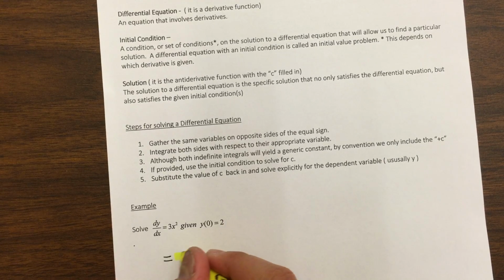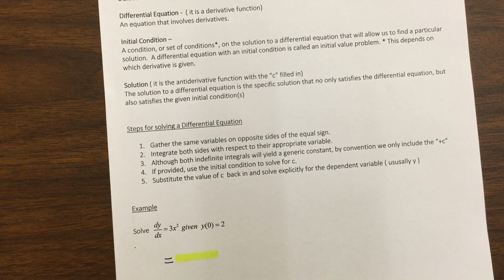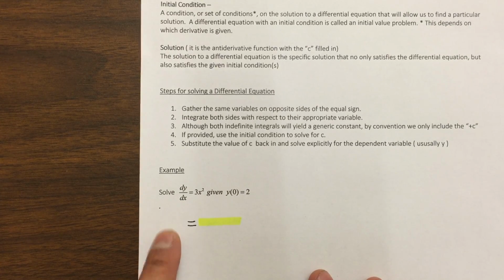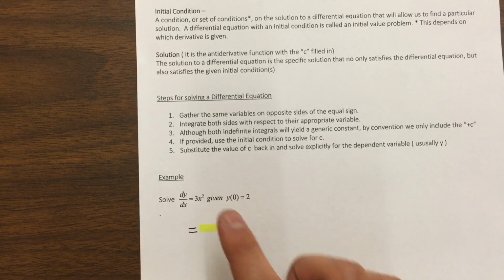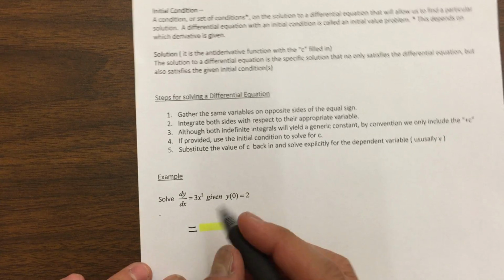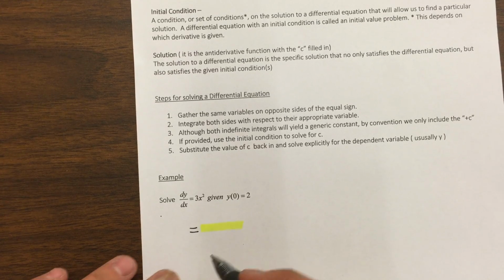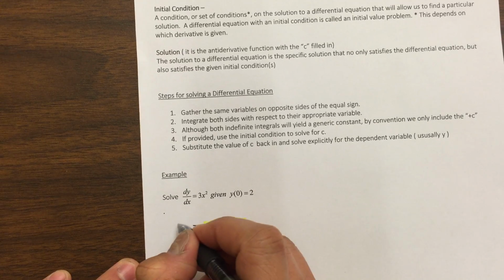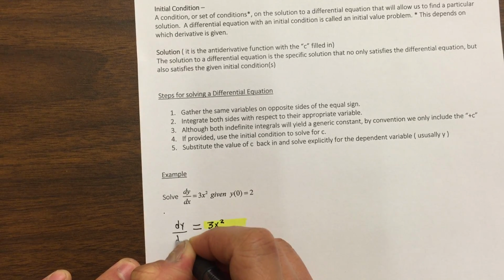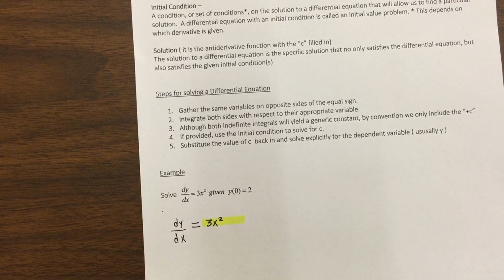This is the right side of the equal sign, and that's the left side of the equal sign. So anything that involves an x, I will put on the right side. So first of all, we know that originally there is a 3x squared on the right side. Now, what I will need to do is move the dx to the right side.